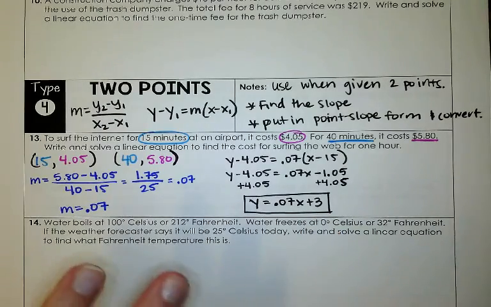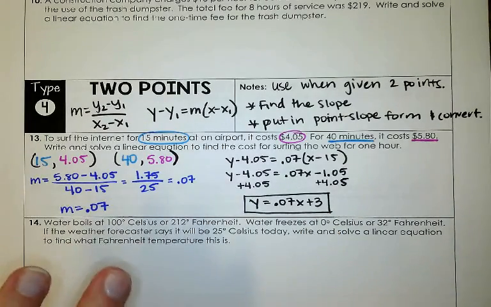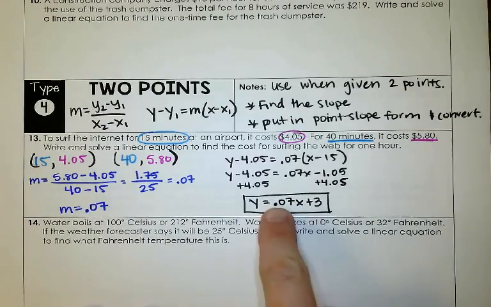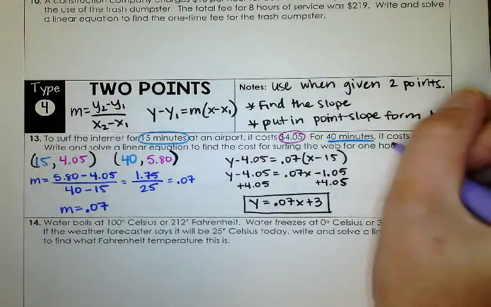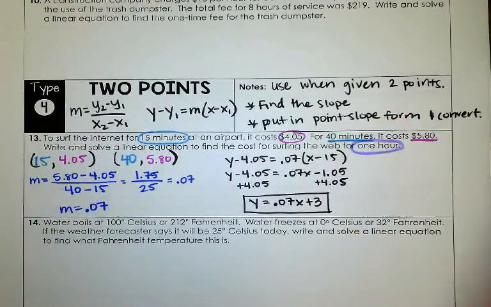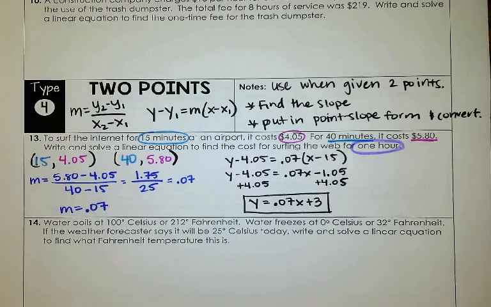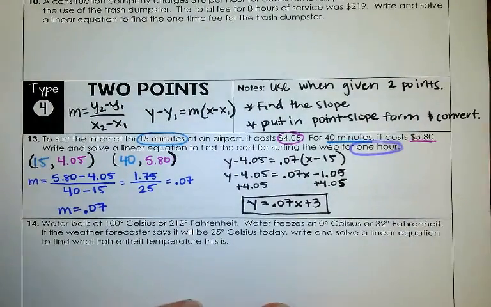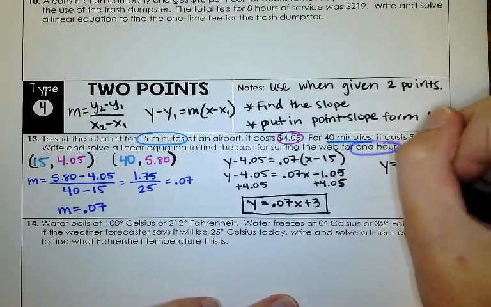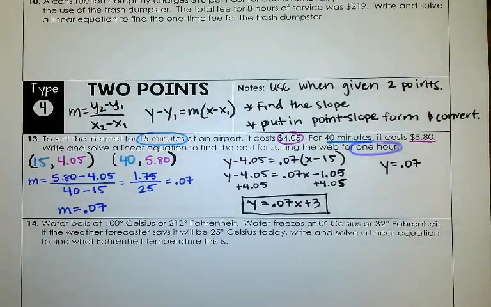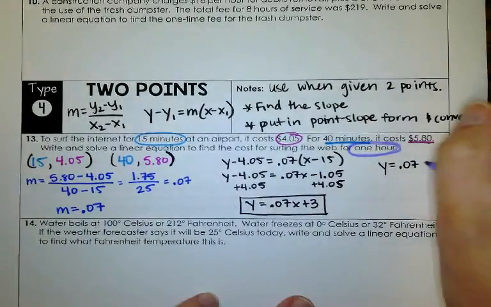So now we want to know how much does it cost for 1 hour. So for 1 hour, guys, what are we going to put in here? We are going to say, cool, y is equal to 0.07. Do I do times 1? What do I do times? 60. Because 1 hour is 60 minutes.